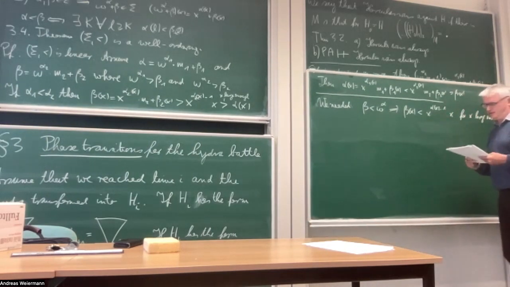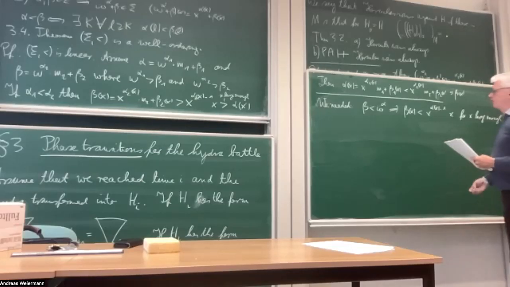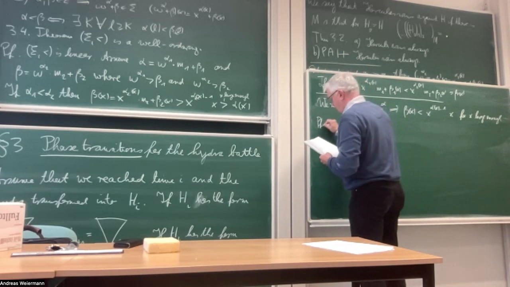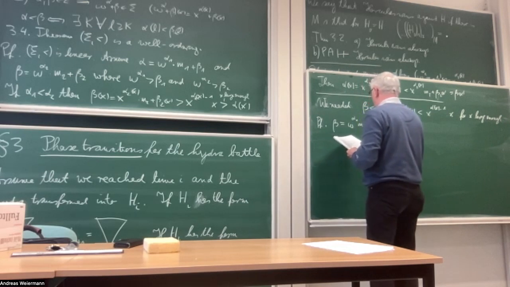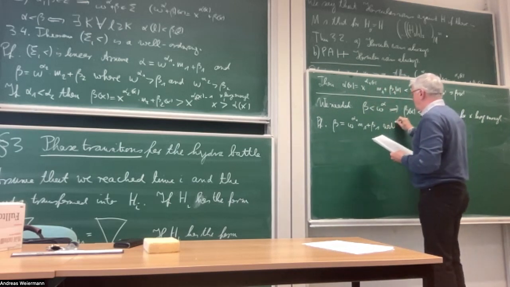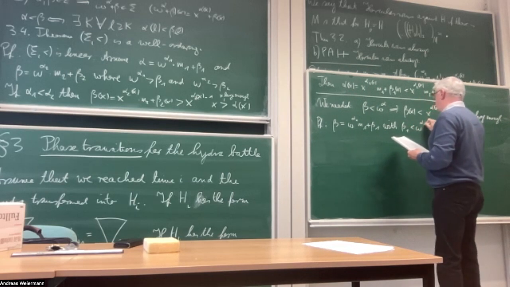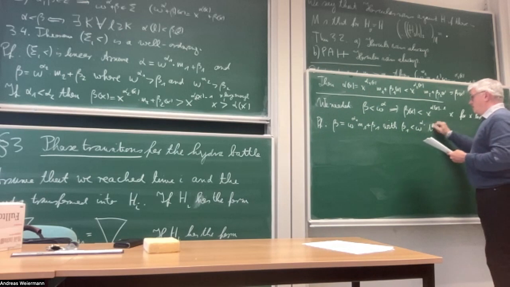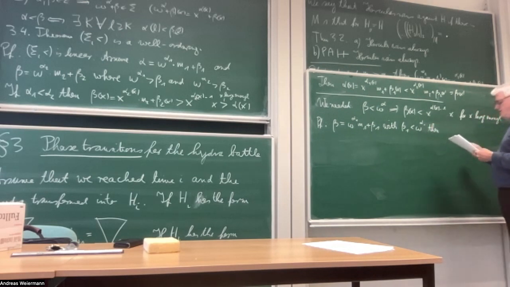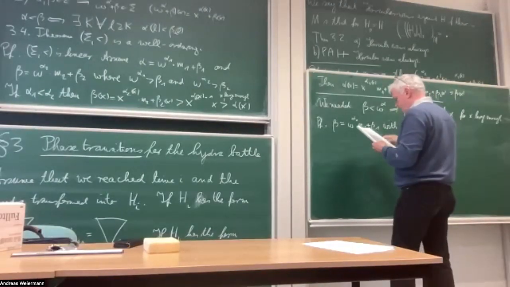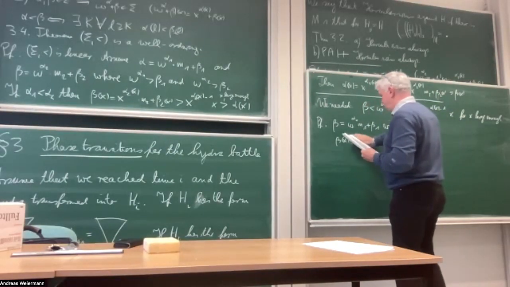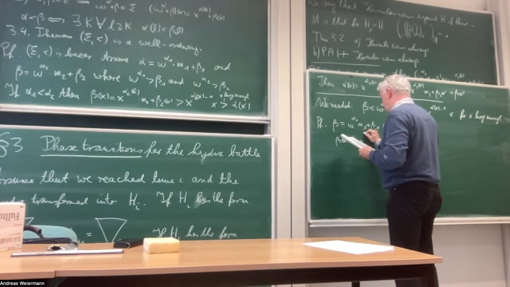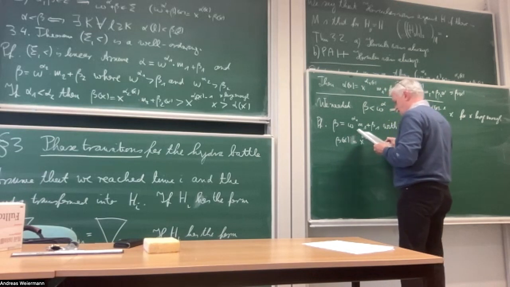Now this is interesting, but it's easy to prove. It works because if beta is omega to the alpha 1 times m1 plus beta 1, with beta 1 smaller than omega to the alpha 1, then beta of x is smaller than x to the alpha 1 of x times m1 plus beta 1 of x.